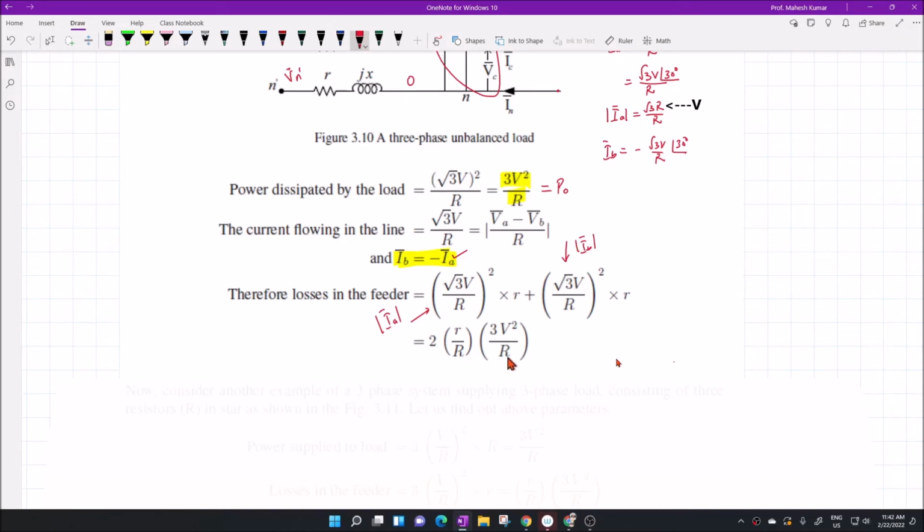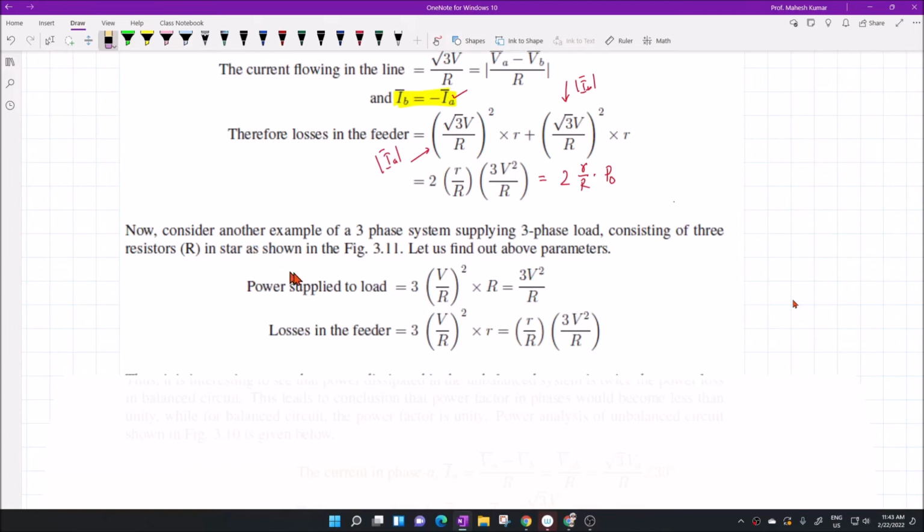So the total losses in the feeder will be 2 times R by R into 3V square by R. This is actually the output power, so this is twice R by R into P0, the output power.